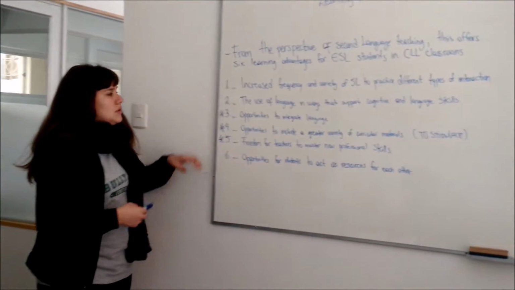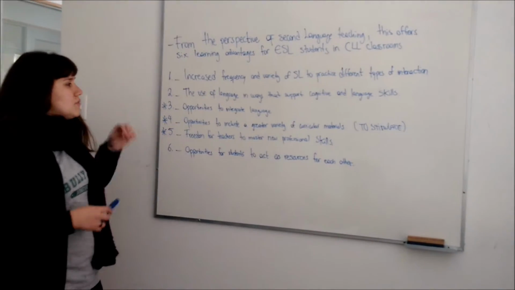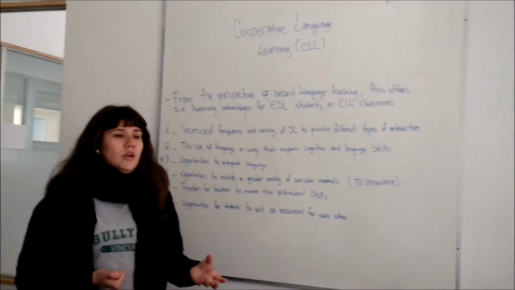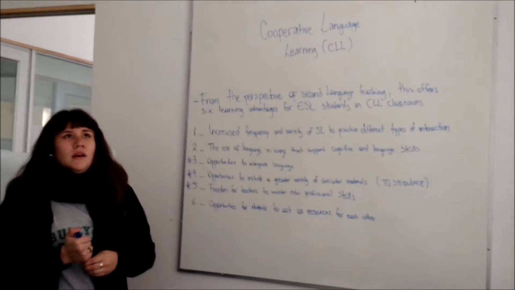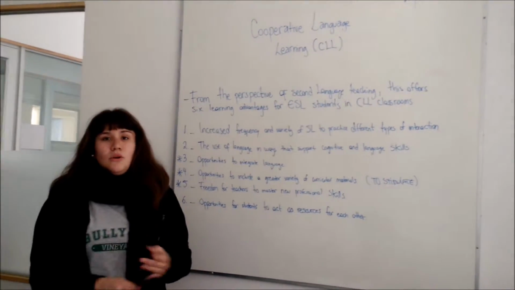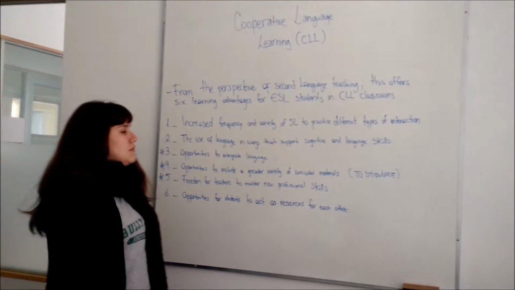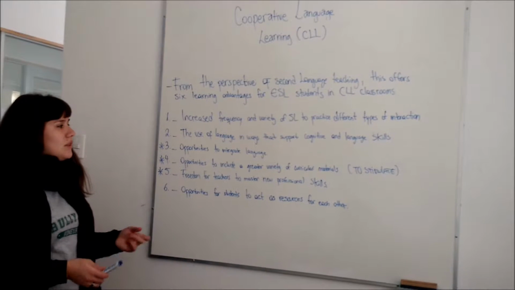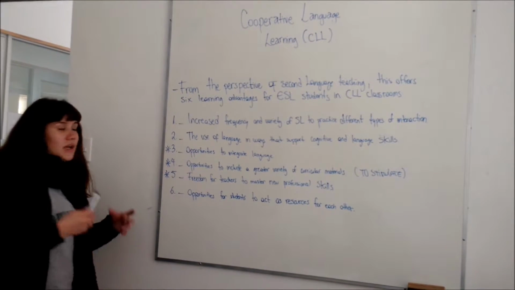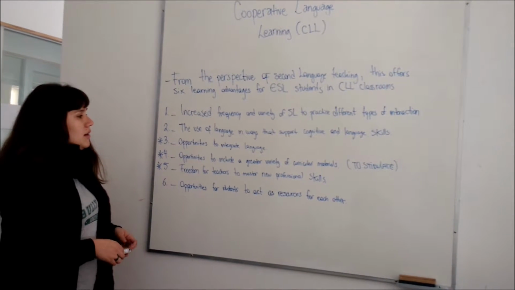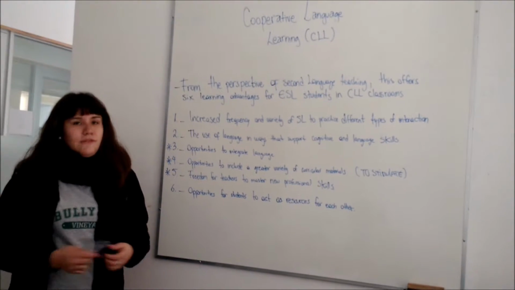The first we choose is opportunities to integrate language, because we have a lot of chances to integrate it, maybe in movies or in some songs that we sing when we are with our friends. This is a good opportunity to integrate language into our life.